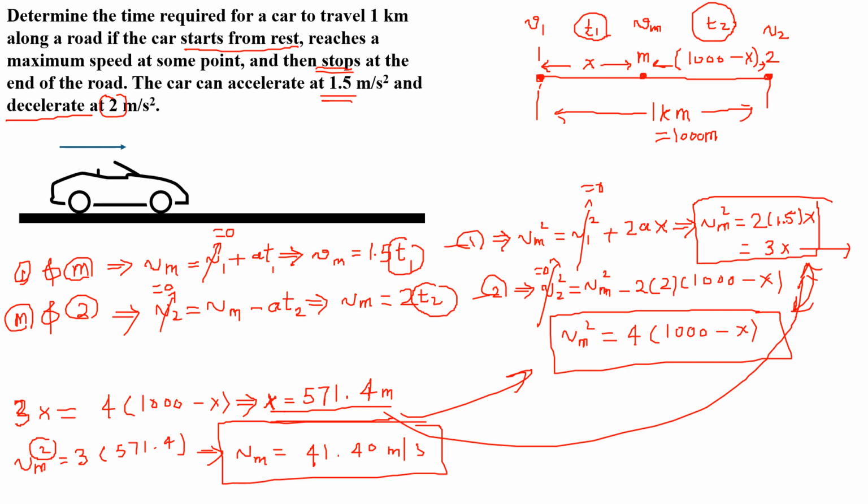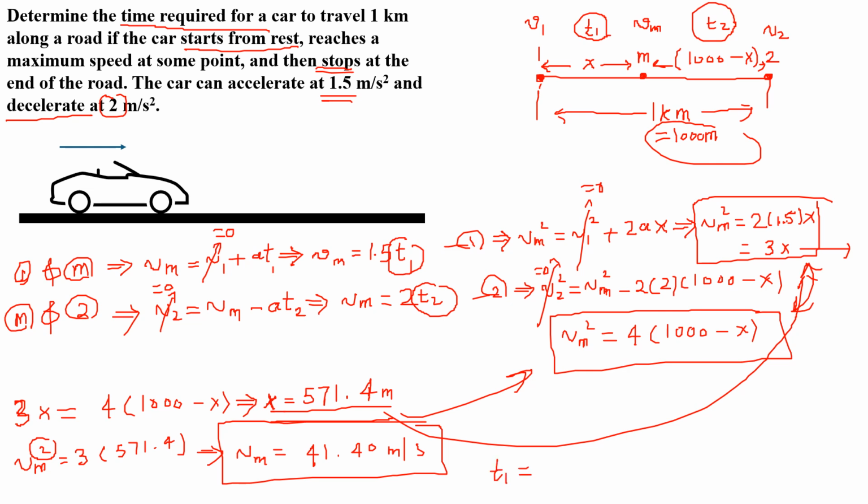Because now the question says find the time between these 2 points, right? So the time to travel the whole distance, the whole 1 kilometer. So now let me do this.